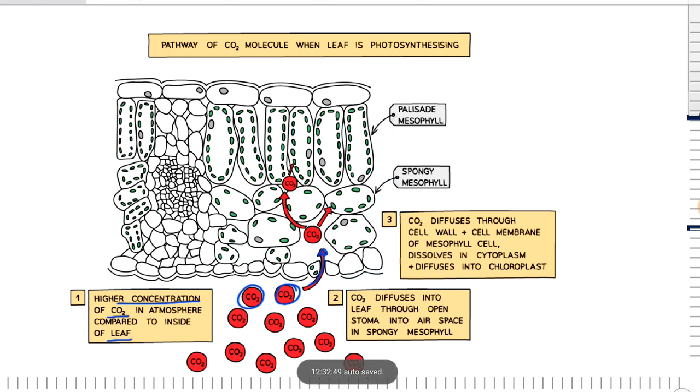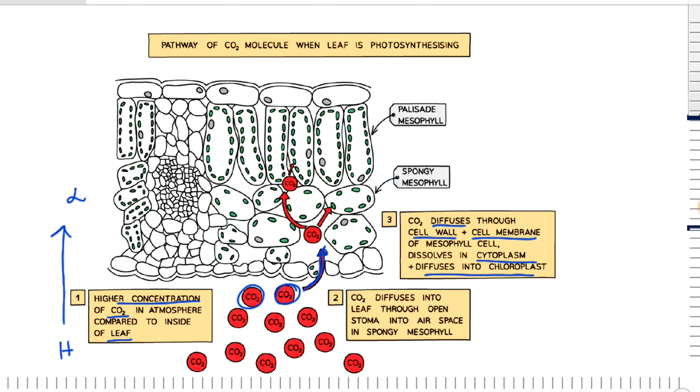So where there is low concentration here and high concentration there, the gas diffuses into the leaf down the concentration gradient. Number two, CO2 diffuses through the cell wall plus cell membrane of the mesophyll cells, then dissolves in the cytoplasm, and diffuses into the chloroplast.